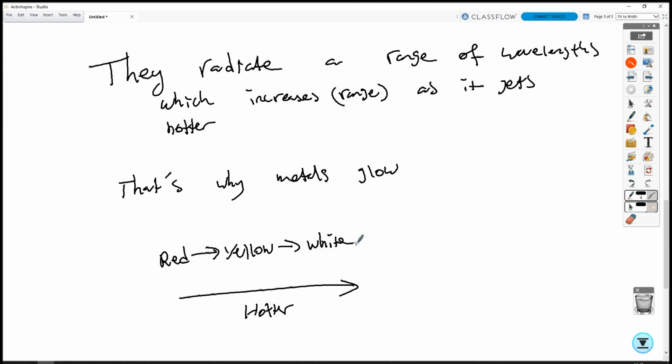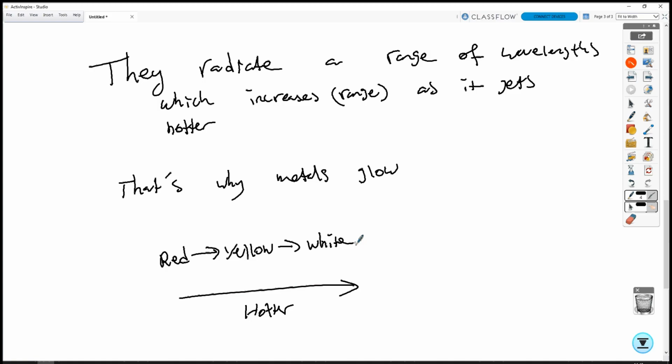Now, one thing to notice here is that the objects were radiating infrared radiation, then visible light. They were not really emitting much or any of the higher wavelengths. So the very high wavelengths were basically not being emitted, and the very low wavelengths were basically not being emitted.